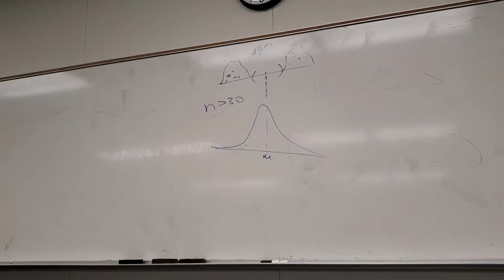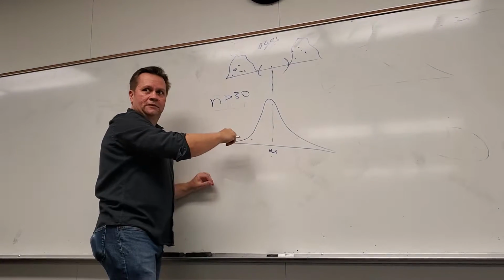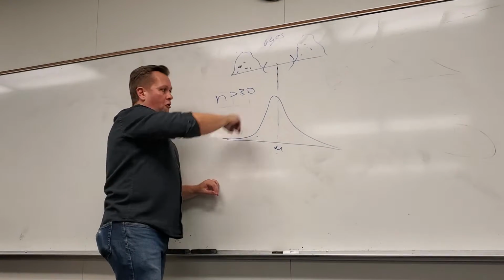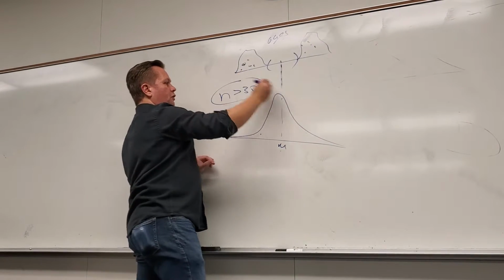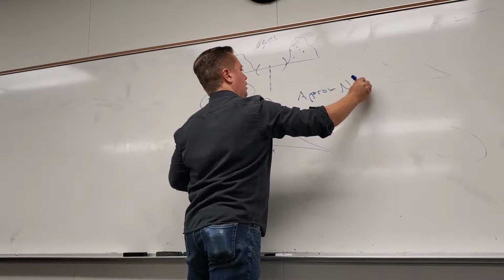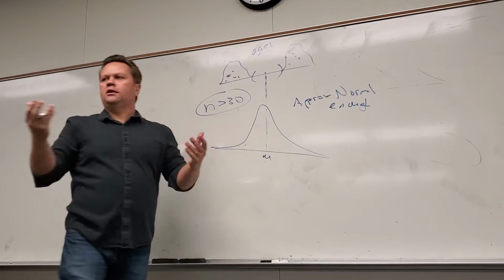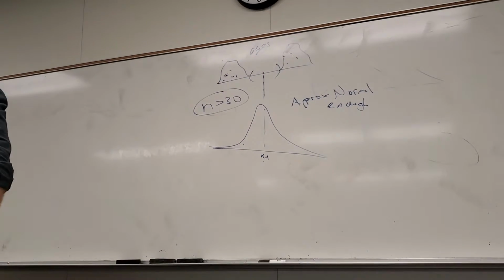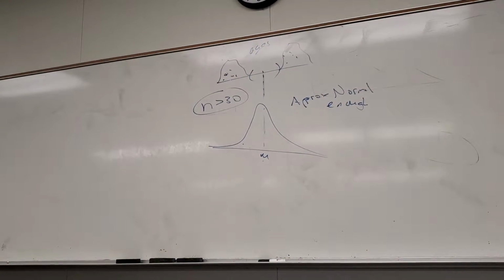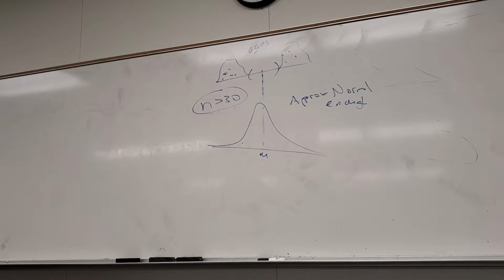What changes, though? A couple things. It definitely looks more what? Normal. When it's above 30, it's going to be approximately normal. Enough. When I say enough, what do I mean? What is it that I hope I could use? This guy. Because what is this guy? Z-score chart. But what's he got? All of the answers.